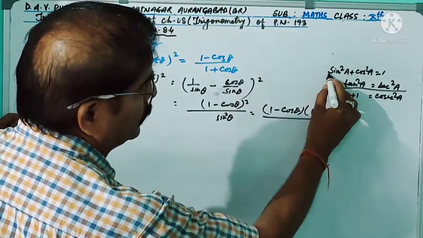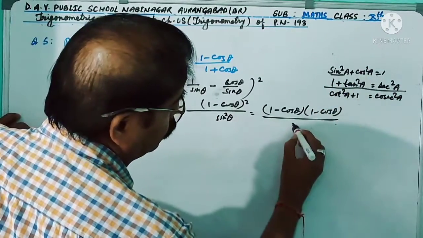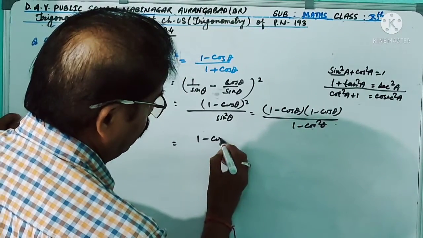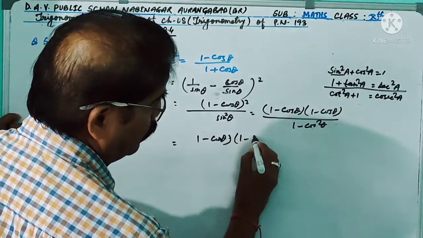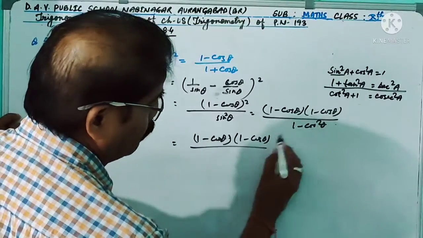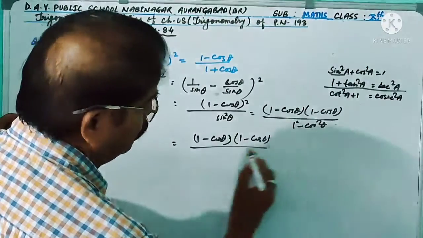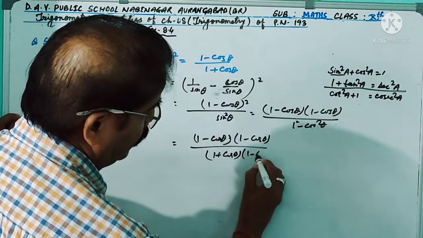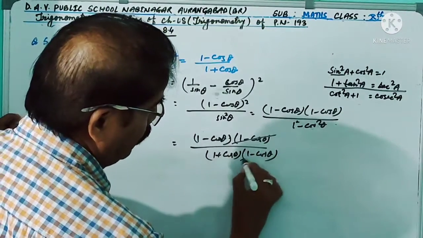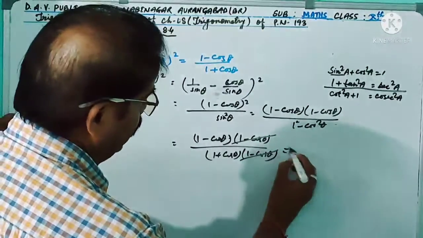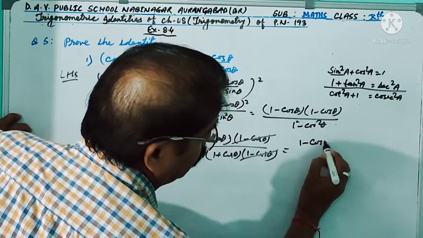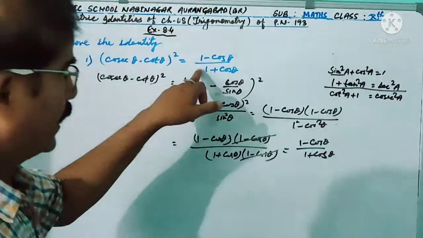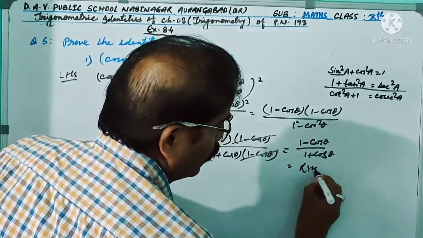Sin square theta equal to 1 minus cos square theta, equal to (1 minus cos theta) into (1 plus cos theta), using a square minus b square. So (1 minus cos theta) whole square by (1 plus cos theta) into (1 minus cos theta). One factor of 1 minus cos theta cancels, and the remaining is 1 minus cos theta by 1 plus cos theta, which is the RHS. Proved.